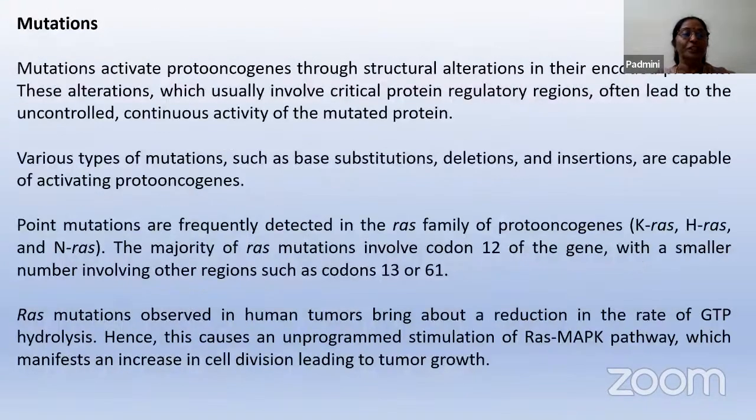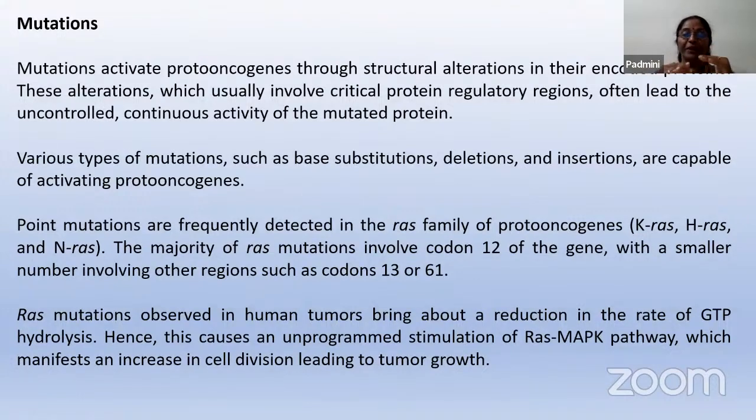When you're talking about mutations, the mutations activate proto-oncogenes through structural alterations in their encoded genes, and these alterations, which usually involve critical protein regulatory regions, often lead to uncontrolled continuous activity of the mutated protein. The various types of mutations, such as base substitution, deletion, and insertion, all lead to activating the proto-oncogene.